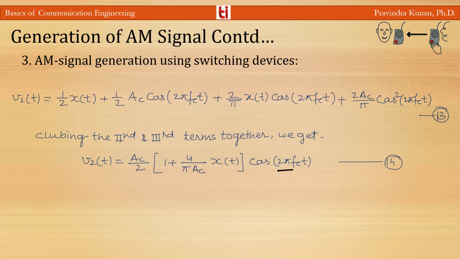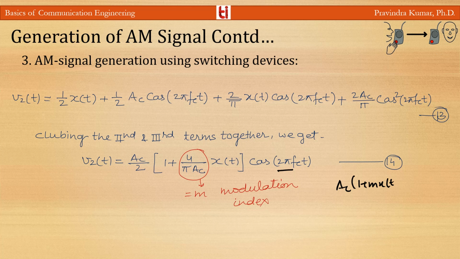This is the required expression for an AM signal with modulation index 4/(pi Ac), because the standard form of an AM signal is Ac [1 + m x(t)] cos 2 pi fc t, and after comparing, the modulation index is 4/(pi Ac).